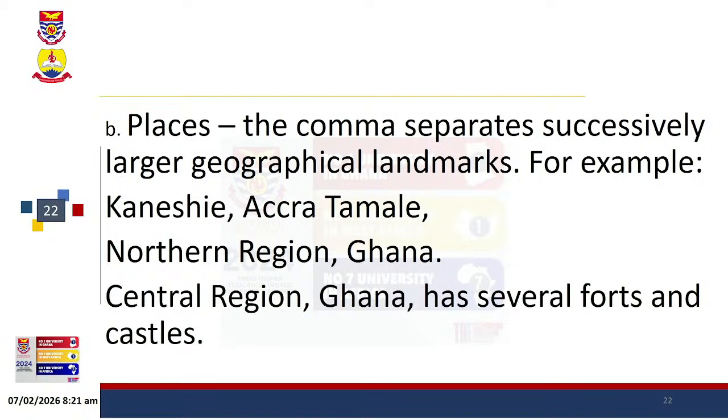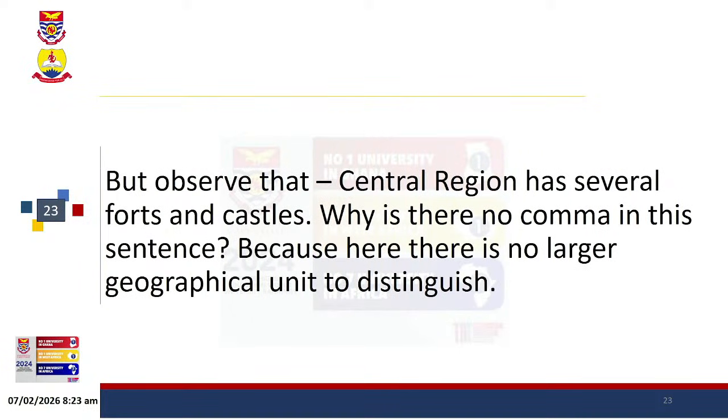Central Region has several forts and castles. Good. But you have to observe that Central Region has several forts and castles. Why is there no comma in this sentence? Because Central Region comes alone. It doesn't come with Ghana. There is no larger geographical unit to distinguish Central Region from.